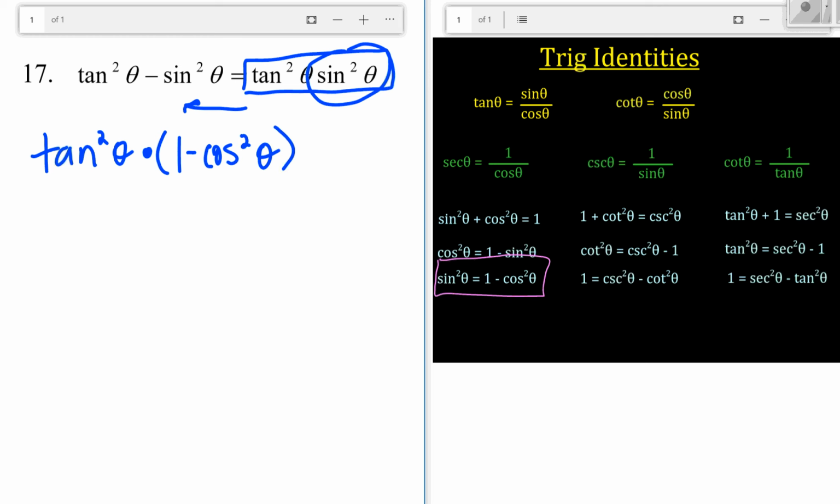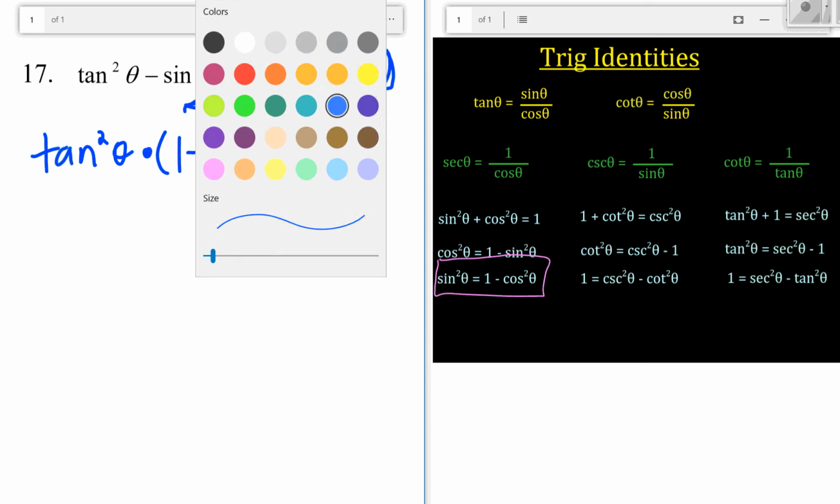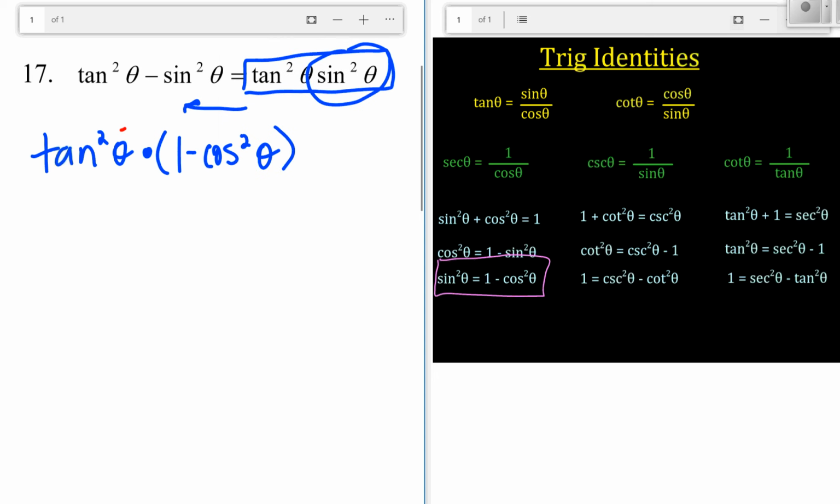This isn't the only correct way to do this, so if you did it a different way, that's totally fine. Then my next step is to distribute that tangent squared into both of those. Tangent squared times 1 is tangent squared theta, and tangent squared theta times cosine squared theta is tangent squared theta cosine squared theta.